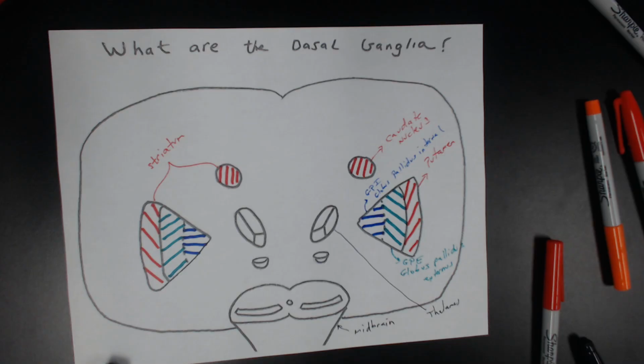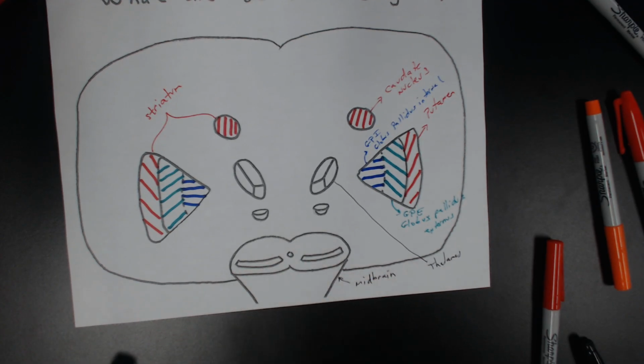So the most medial of the two globus palliduses. And right now all we're doing is just going through and labeling structures that these are all considered part of the basal ganglia system.